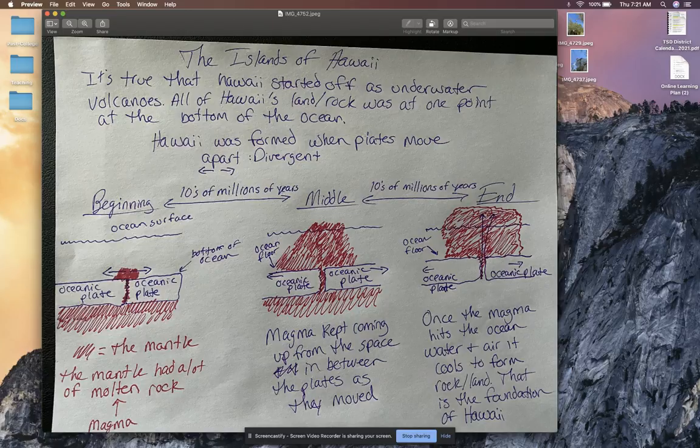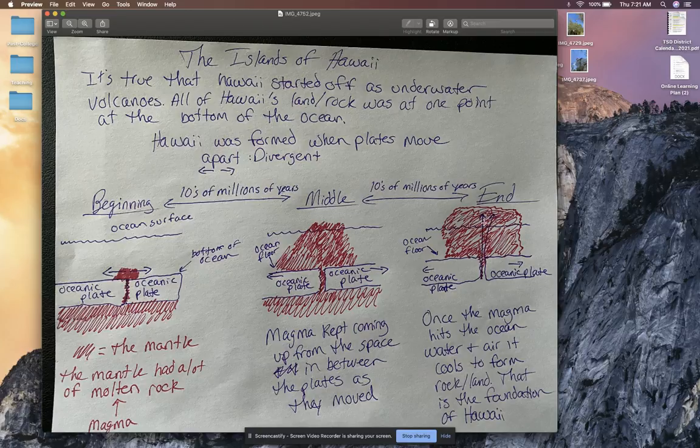And it's because these oceanic plates moved apart. The only way we know what's underneath the crust is the mantle. And the mantle can be mostly solid, but it can also be liquid magma rock. And that's what we see here. And so that's how essentially Hawaii formed.